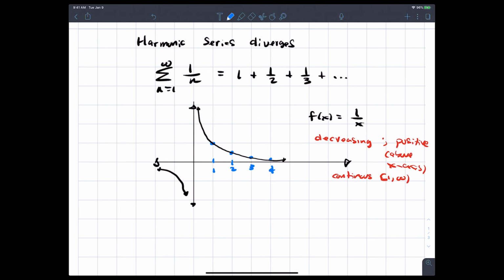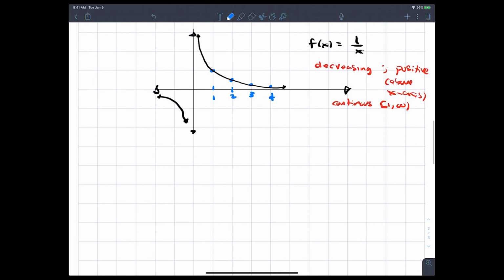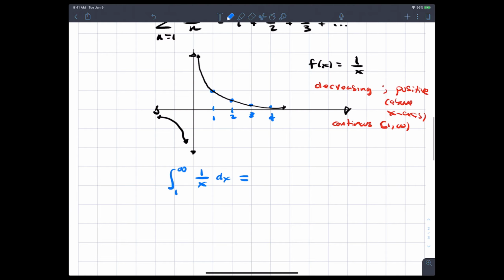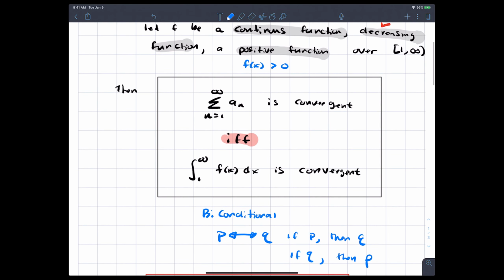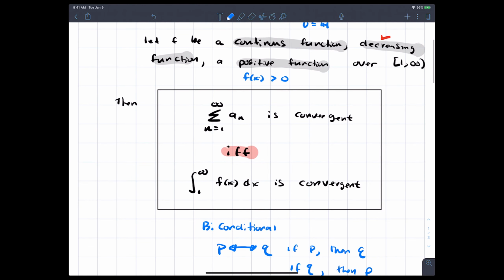So when you use the integral test, what we're going to do now is integrate from 1 to infinity 1 over x dx. And so this is an improper integral. So we're writing this down here. You're going to use the fact that a_n can be described as a function, f(n), where the domain here is natural numbers.